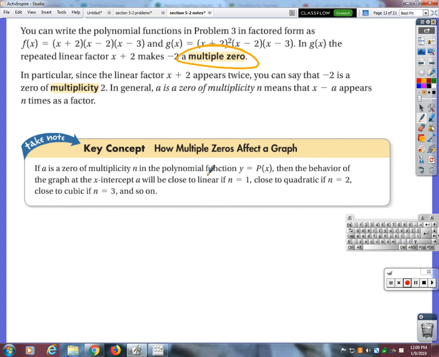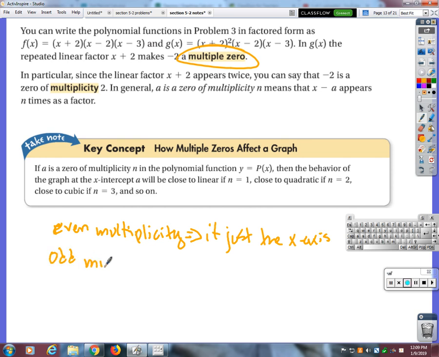The cheat for that is if it's an even multiplicity, that means it just touches the x-axis. But if it is an odd multiplicity, then it crosses the x-axis.